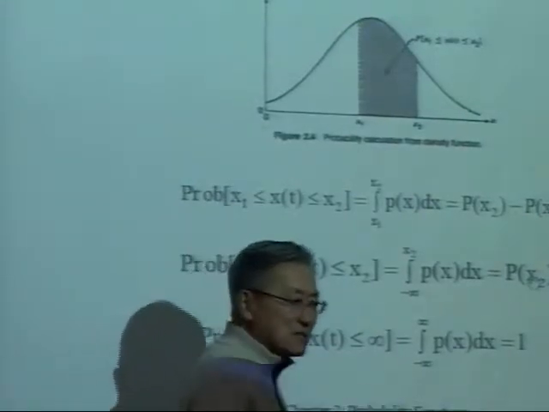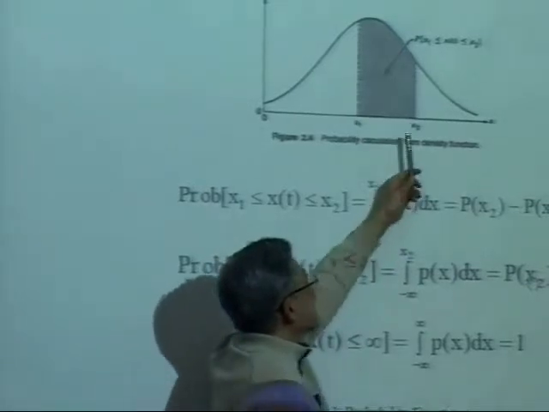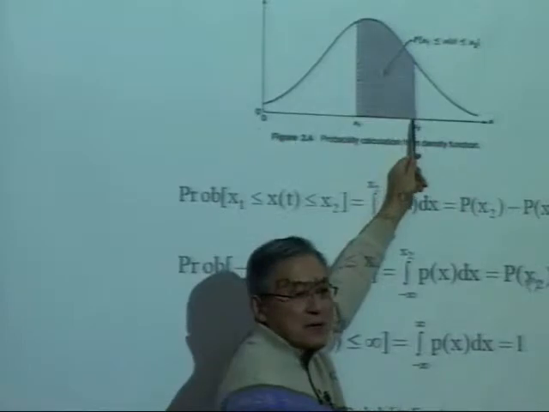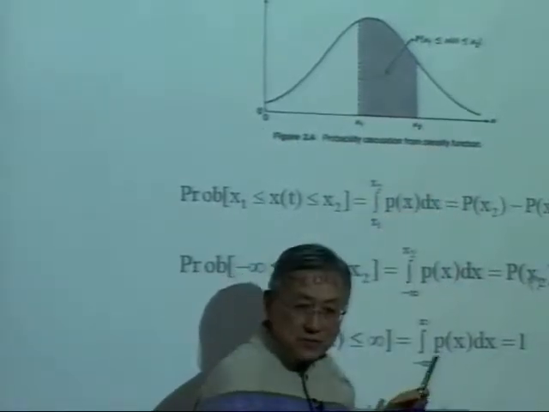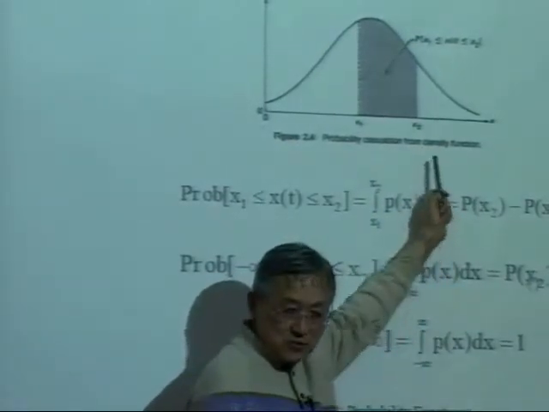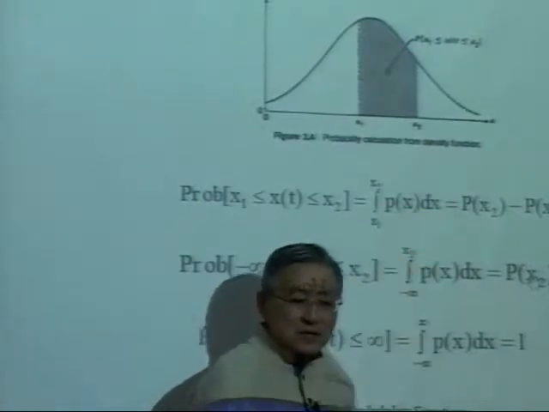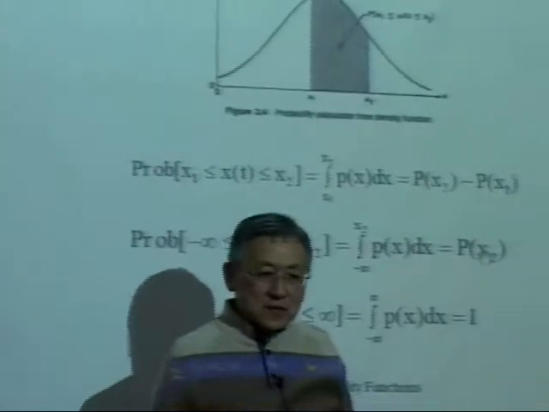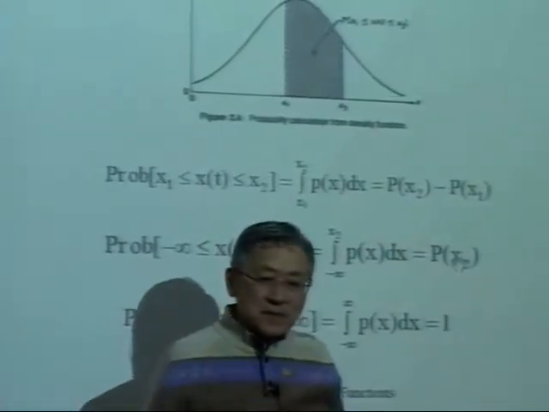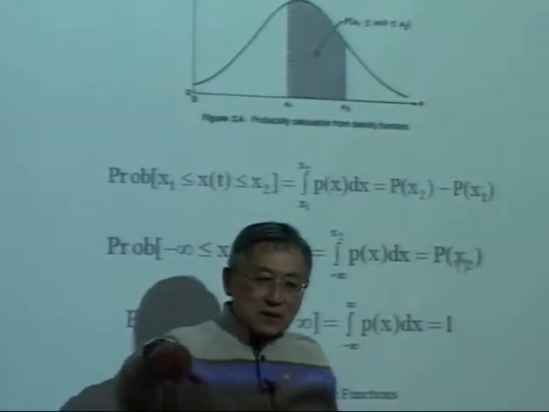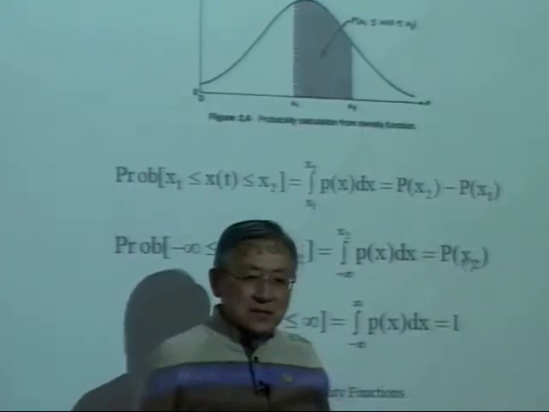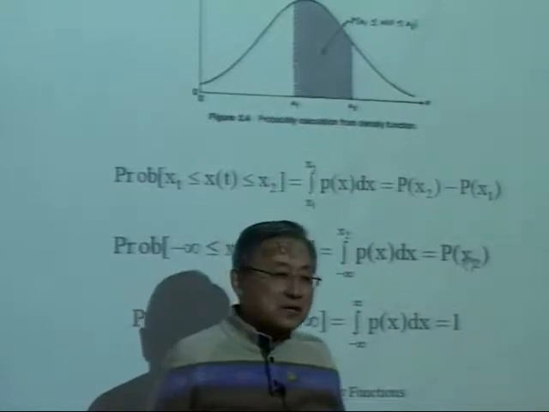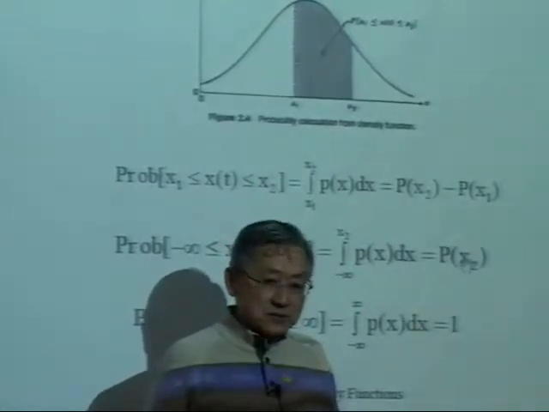So in this class, for example, if you get the total area up to x2, right? Up to x2, then you got, for example, 0.80. What does it mean? 80% of the heights in this class belong to up to about 180 centimeters, and vice versa.